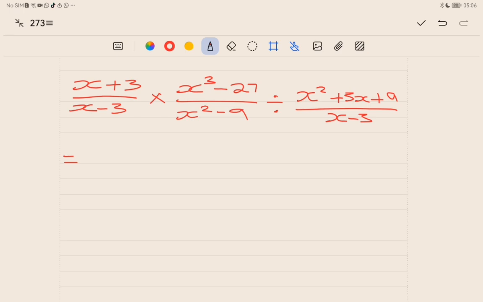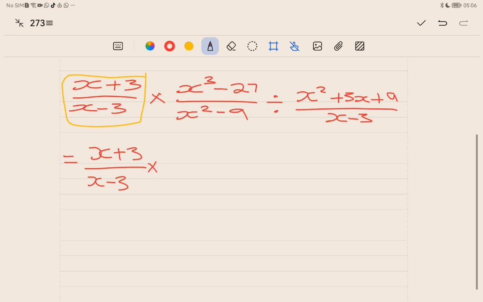So the first thing that we're going to do, we're going to factorize each and every expression that needs to be factorized. So this one does not need to be factorized. So we're just going to write it as it is. Then now this one has to be factorized, this one has to be factorized, this one has to be factorized, this one, it is fine like this.